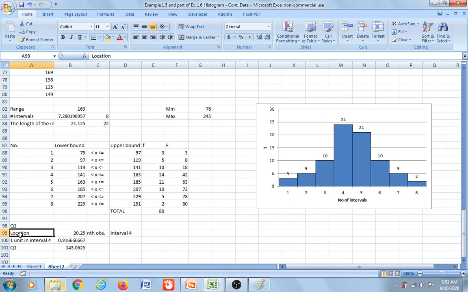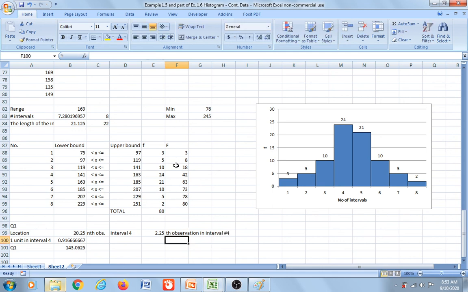We know that the location of the Q1 is in interval number 4. Okay, it is the 20.25 observation. But we know that till interval number 3 we have 18 observations, and therefore in interval number 4 the Q1 is 20.25 minus 18 observations in interval 4.